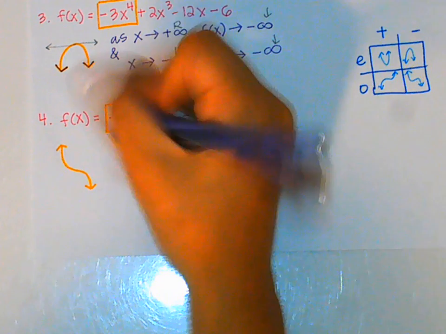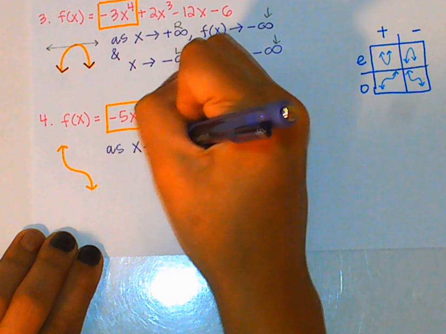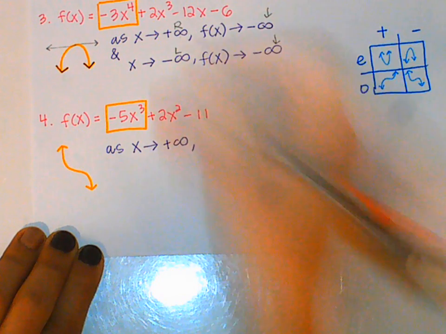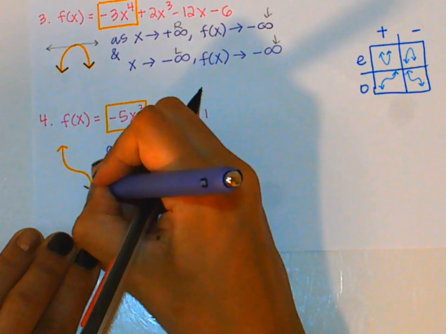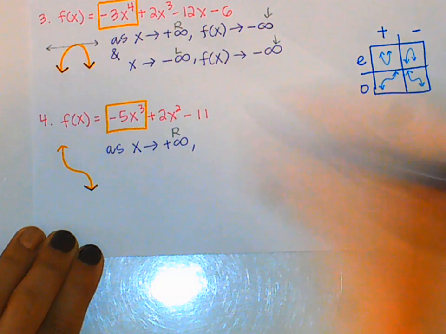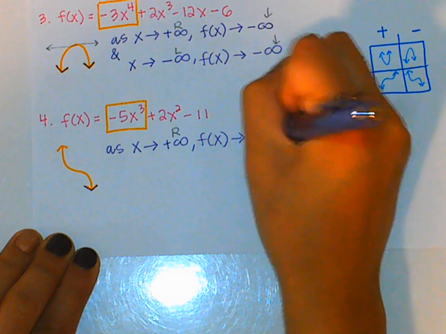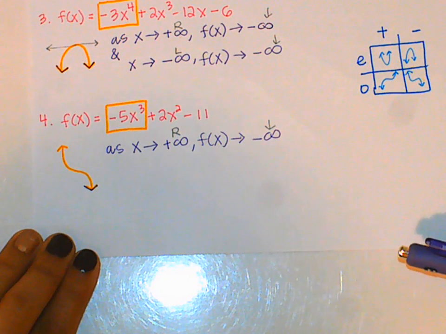So, as x approaches positive infinity, so my right arrow, f of x approaches negative infinity, points down.